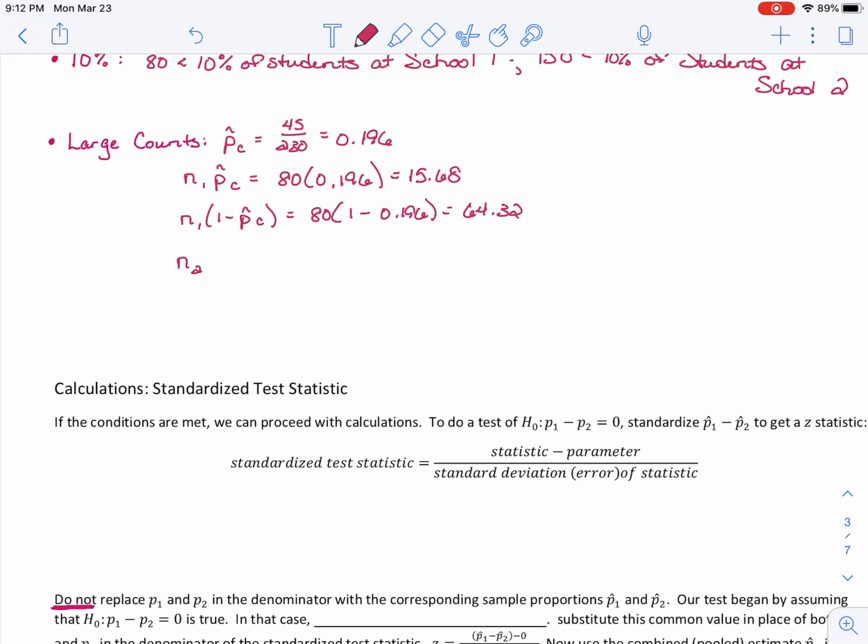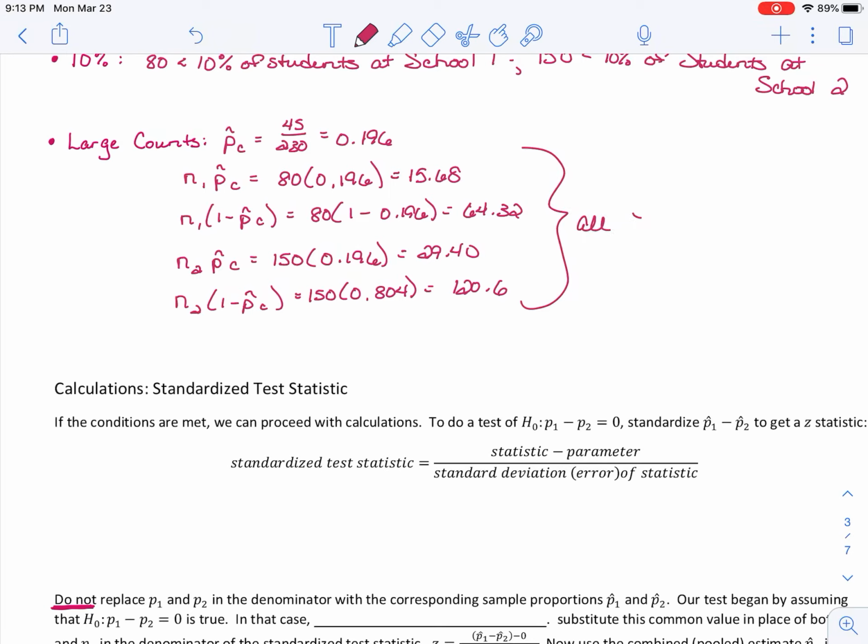And then I'm going to do it with my second sample size, and that gives 120.6. So because these are all at least 10, we pass the large counts condition.